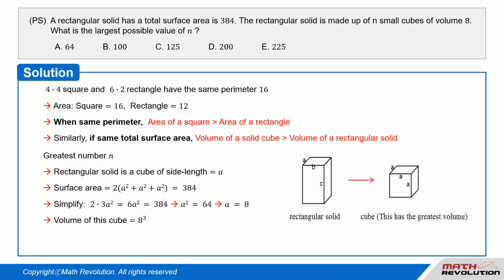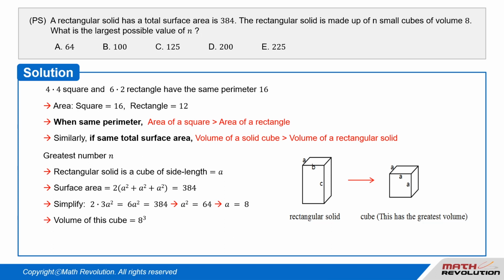Simplifying this equation gives 2 times 3 times a squared equals 6 times a squared equals 384. So a squared equals 64, and a equals 8.